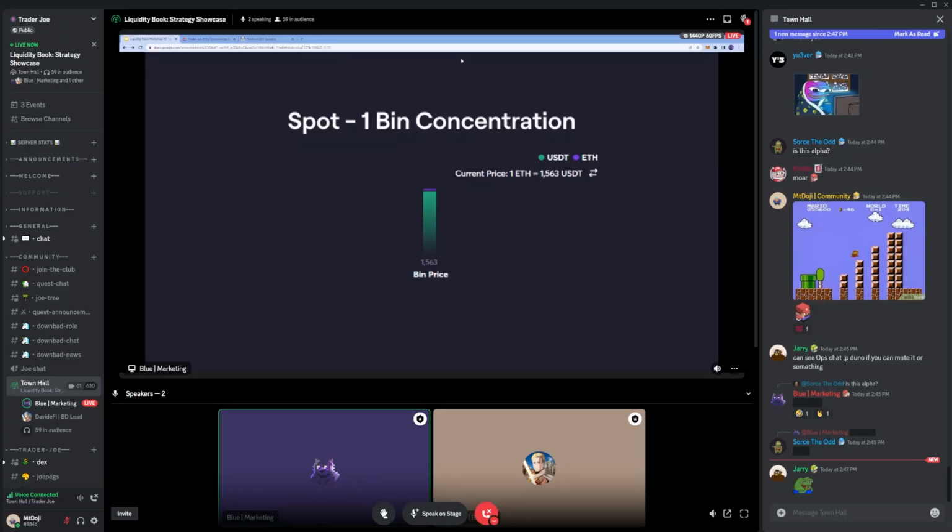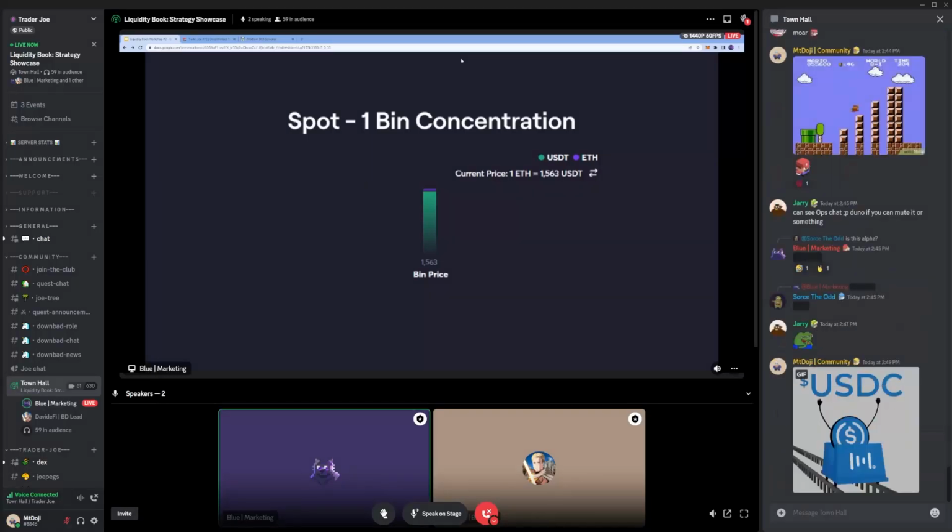Sometimes you get a little bit of variance, but not much. So this is the most concentrated position that you can get, with the lowest bip discretization we have in our stable pools, 2 bips. So this is one bin. It's very concentrated.